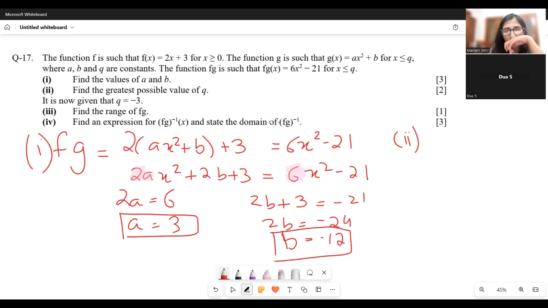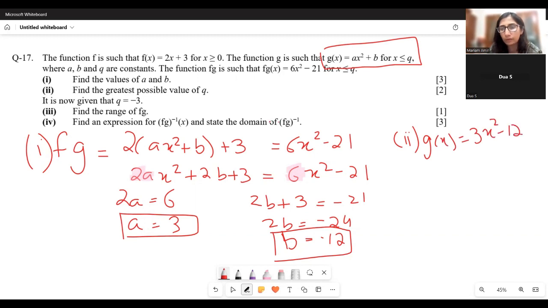Okay, so how do we do this? Now we know what a and b are. a is 3 and b is minus 12. So q is part of the domain of g(x). So I'm writing g(x), which is 3x squared minus 12, and the domain for this is x less than or equal to q.